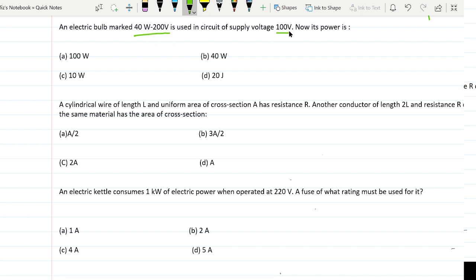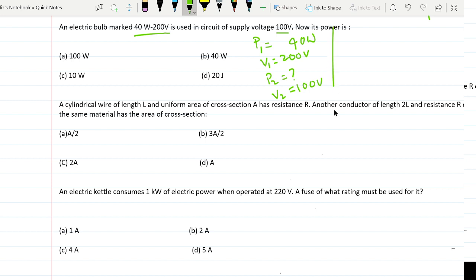If it is operated on 100 volt, then how much power will it consume? So let's find it out. P1, power 1, is given here, that is 40 watt. V1 is also given, that is 200 volt. P2 you have to find out. Voltage V2 is given here, that is 100 volt.